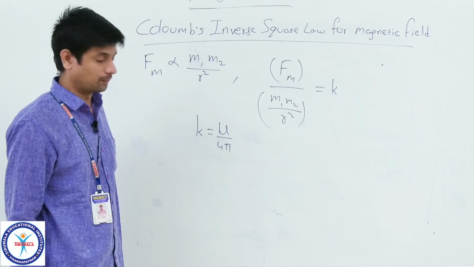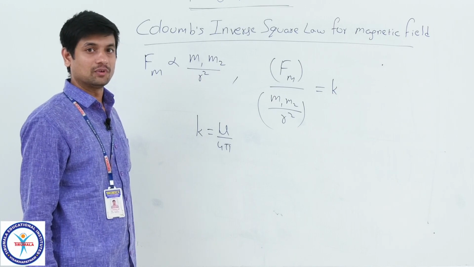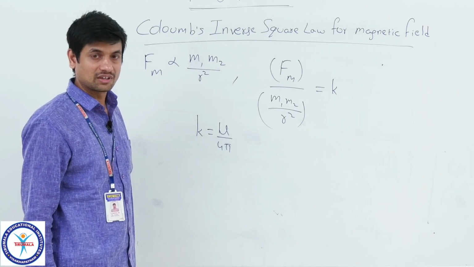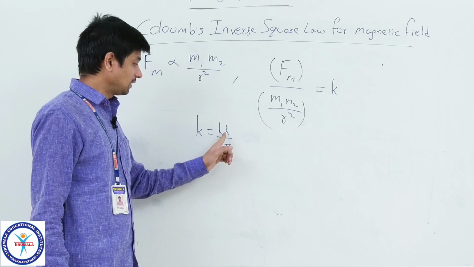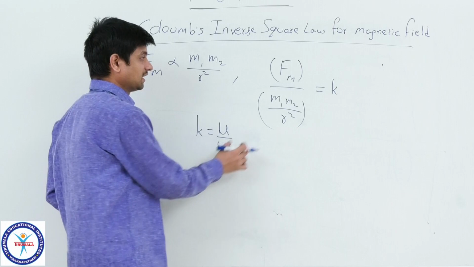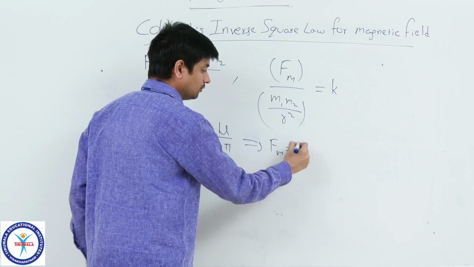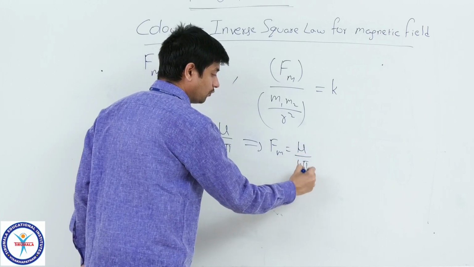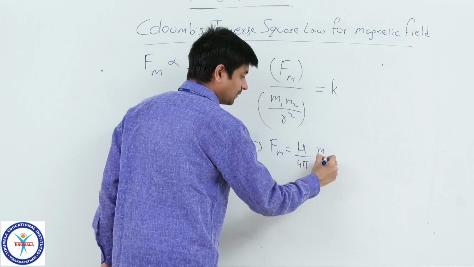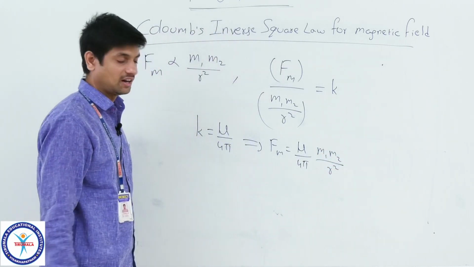Mu means here the permeability of that material. So mu by 4 pi. If you write in this formula, what happens? Magnetic force equals mu by 4 pi into m1 m2 by r square.